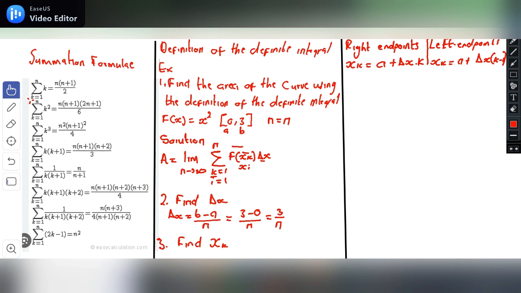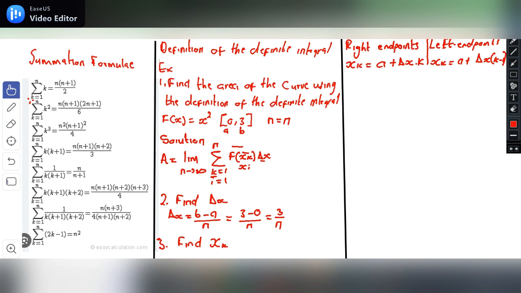This formula is for the left hand point. So like I said, if you're not asked to find the area, like they were not specific that you need to use this endpoint, so always use the right endpoint, right?